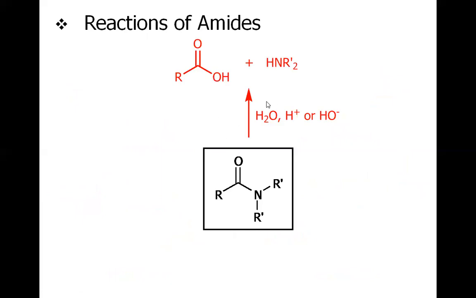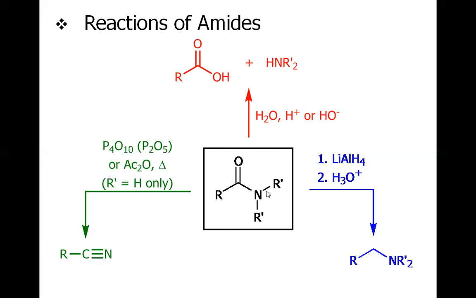When we hydrolyze, whether in acidic condition or in basic condition, we have the carboxylic acid formed, and this is the first reaction. And if we reduce the amide with the lithium aluminum hydride, we have the amine formed. Overall, we have this double bond oxygen removed and two CH bonds formed.